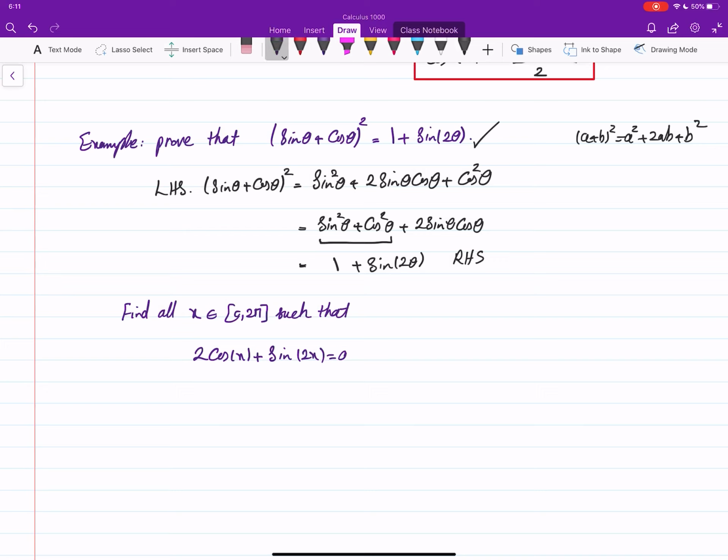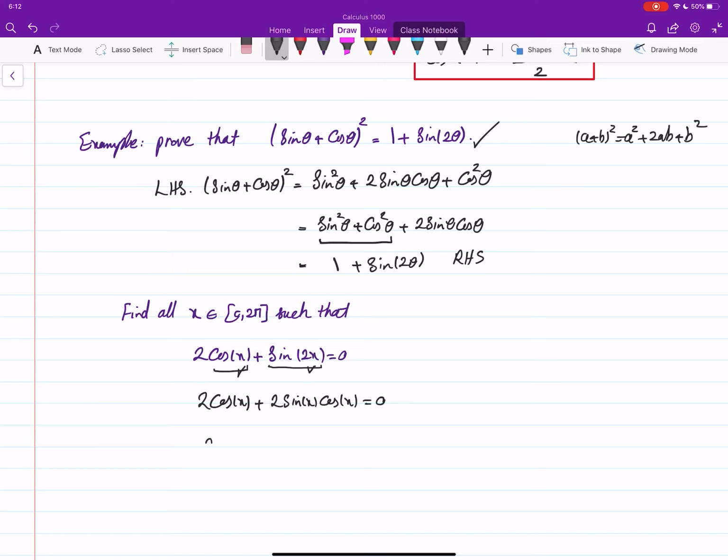Okay, so when you're trying to solve equations which have trig functions, one of the tricks that always helps is to try to put sine and cosine on the same footing. Here is cosine of x, but here is sine of 2x. So let's bring it to sine x, but we know that sine of 2x is equal to 2 sine x cosine x.